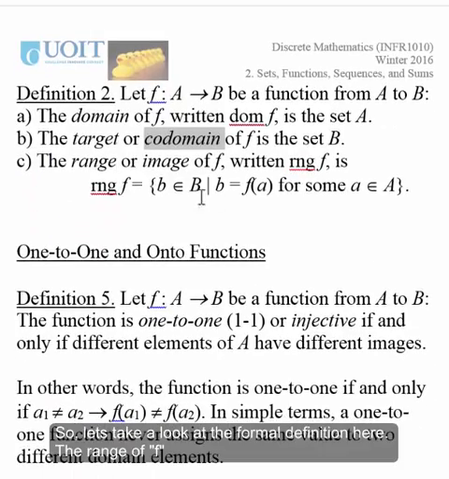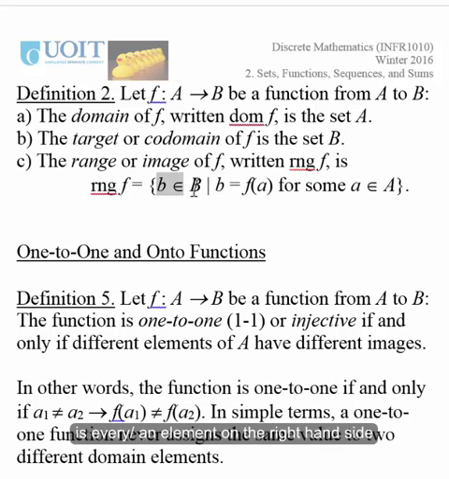Okay? So let's take a look at the formal definition here. The range of f is every element on the right-hand side, or an element of set B, such that b is a mapping for some element in A. Okay, good.